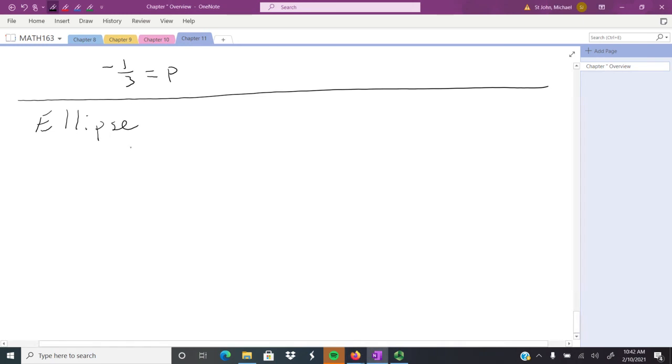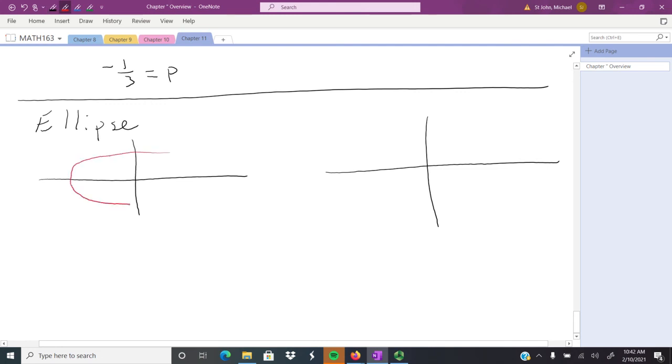So let's draw a couple of quick graphs in terms of an ellipse. Let's do one going like this, so we can have one ellipse going like this. And then the other type would be going like that. So again, whether the major axis is on the x or the major axis is on the y, that's what we're looking at here.